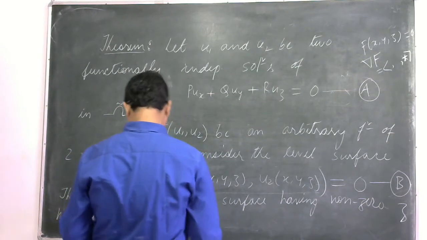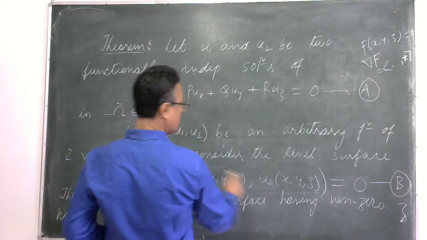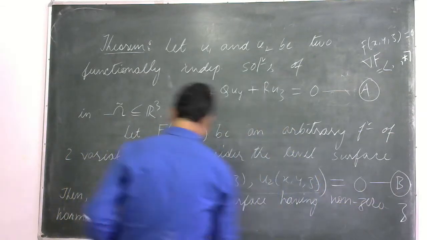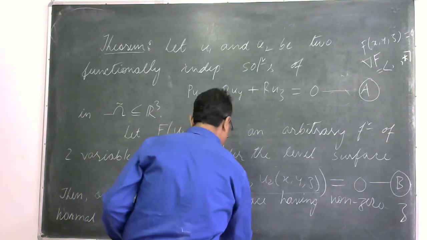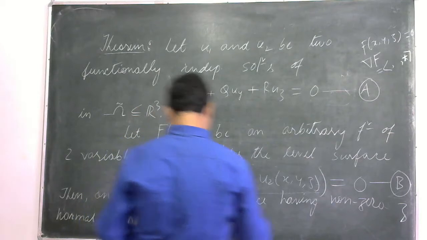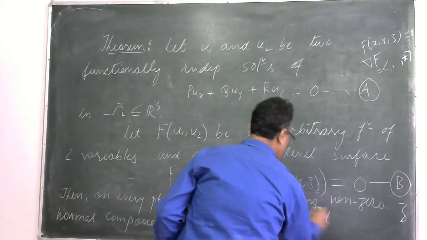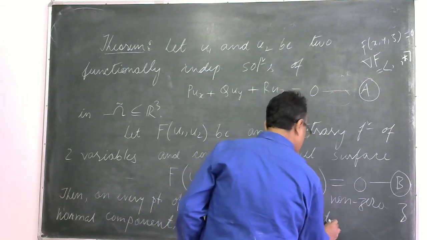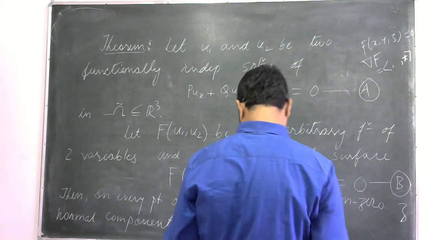Your this equation B defines Z implicitly as a function of x and y. Sir, can you repeat that thing once again? Yeah, sure. Let me just write it down.